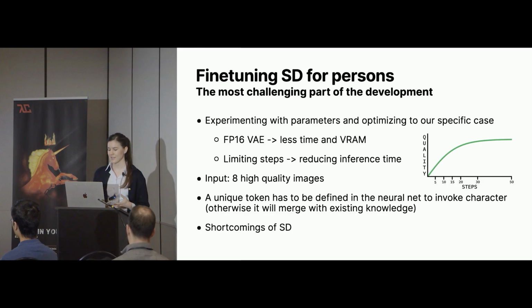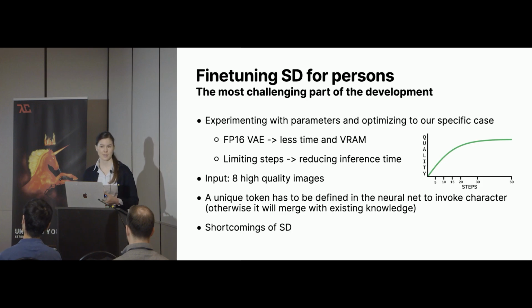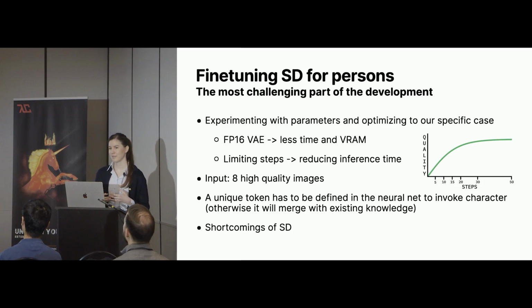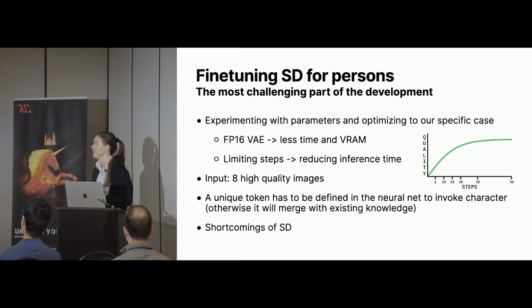And we realized that for our case, where we don't want too realistic pictures, it was enough to only have 20 steps. And with limiting steps, we could reduce the inference time, so the user could create Stable Diffusion generated images much quicker.